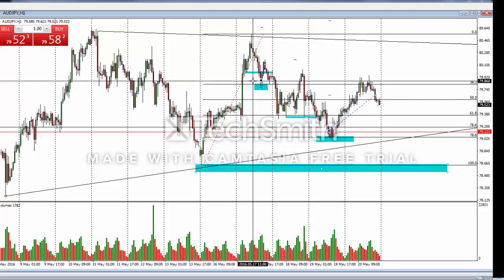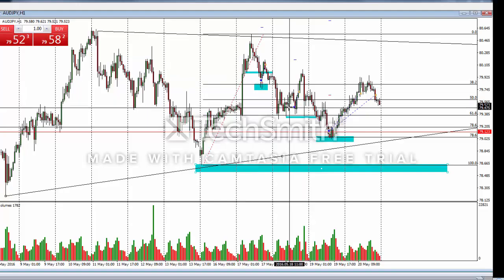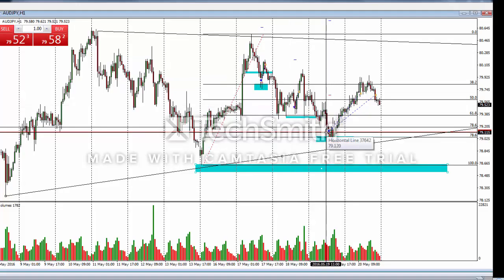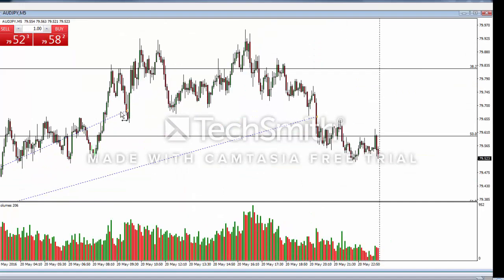So drawdown on these markets, if any at all, call that 13 pips. That's 12 pips. That's 10 pips. Let's just drill down into it.